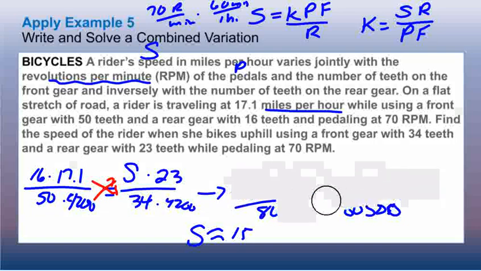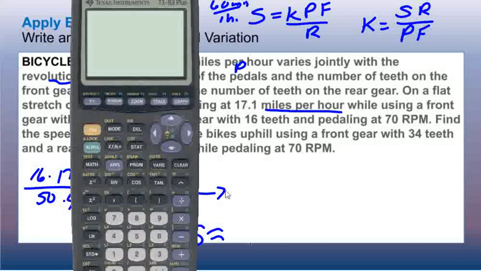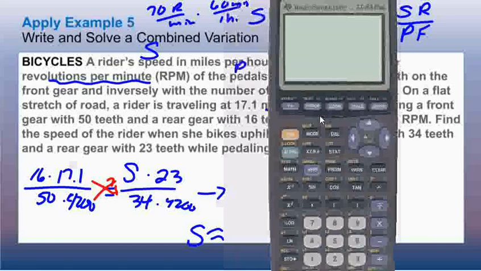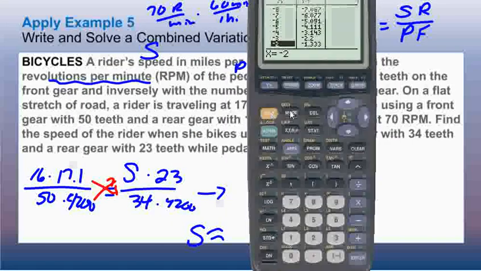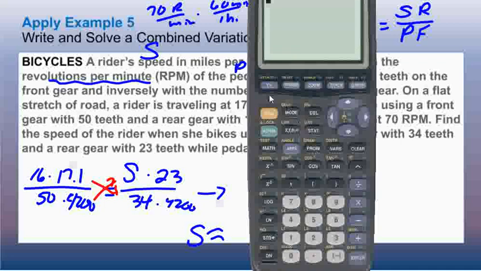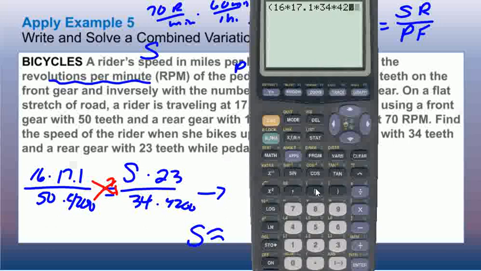That's going to change what we have here. In my calculator, we'll just put that all in here. So I'm going to do parentheses, and I'm going to do 16 times 17.1 times 34 times 4,200, end parentheses.